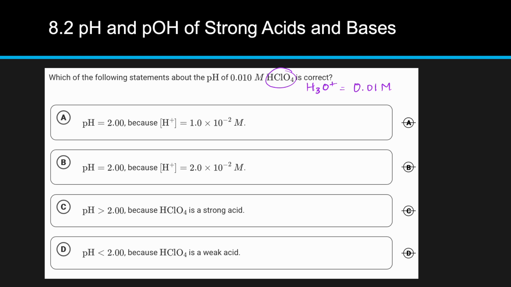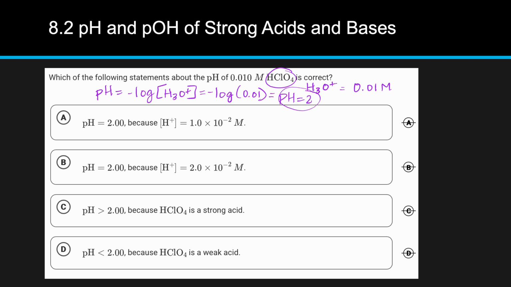So now looking at that, I can see that we are comparing pH values. So let's go ahead and solve for pH. And we know to get pH, that's going to be the negative log of the concentration of H3O+ or H+, whichever way you want to look at it. So now to do that, we're going to take the negative log of 0.01, and that's going to give us a pH of 2.